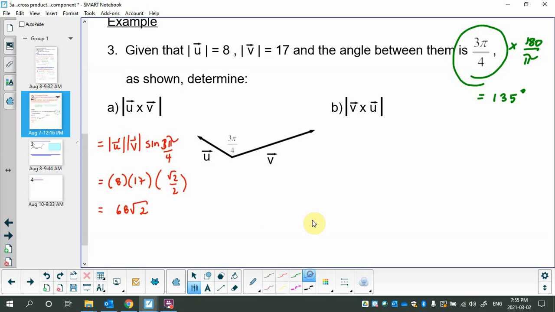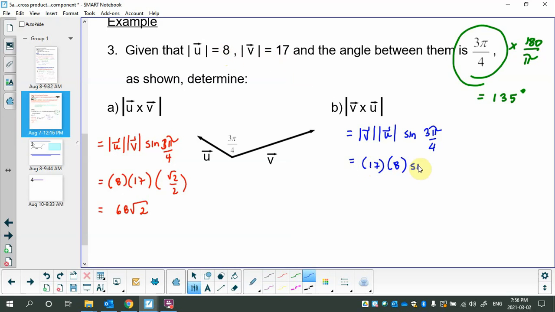Now if I change colors, just because I've got a different question, this one, the magnitude of v cross u, is this. And I hope some of you look at this and say, hold on a second, that's not any different than what we just pulled off. And it's true. The magnitude of v is 17. The magnitude of u is 8.